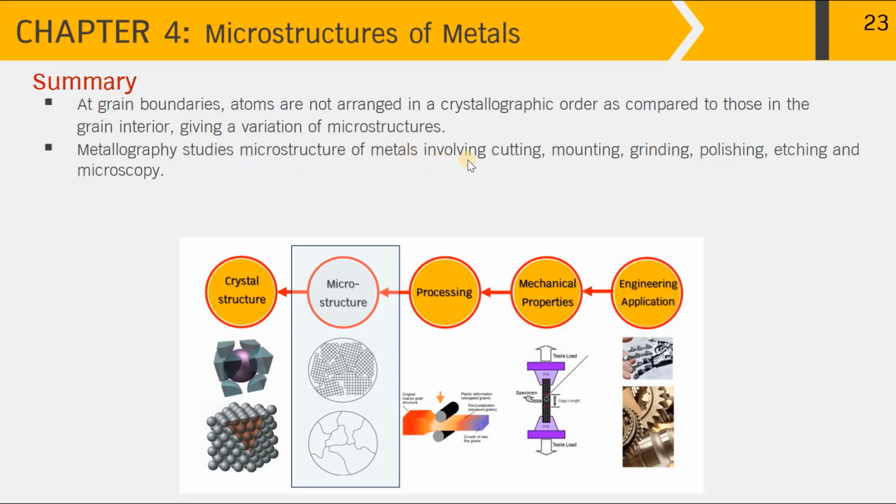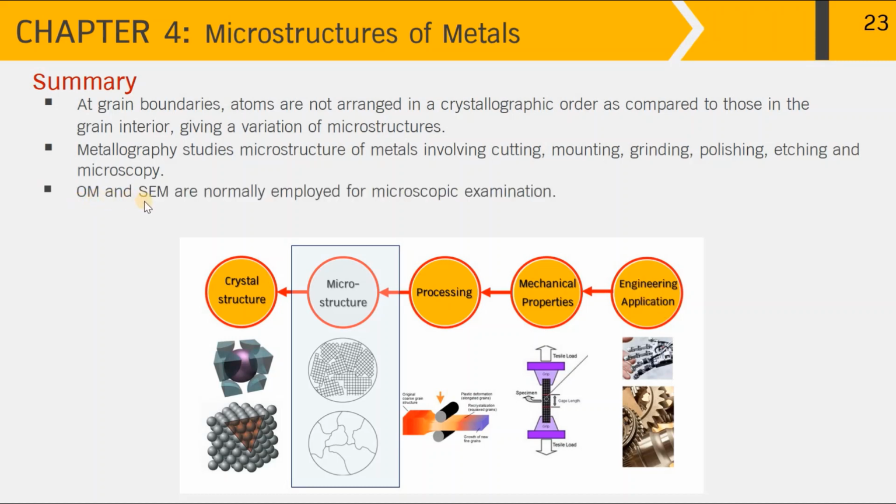Metallography involves cutting, mounting, grinding, polishing, etching, and microscopy. As you can see from the relationship over here, once we investigate the microstructure of the metallic components, we can trace back to its crystal structure and also relate to the processing or its mechanical properties that are related to engineering applications.